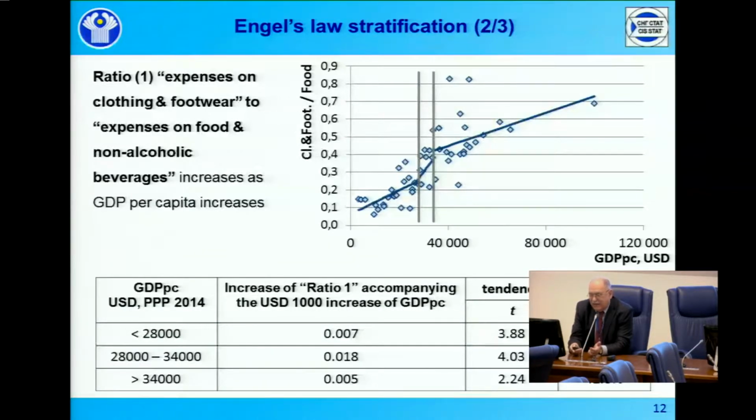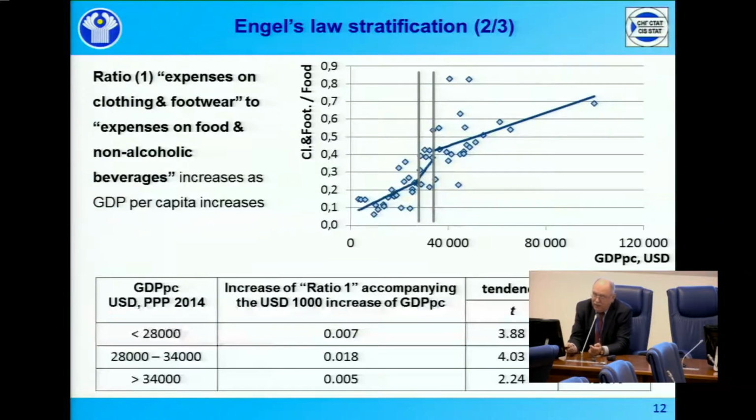Well, the results are the same, and three tendency groups can be detected. The first one, including the weakest economies, has its border at $28,000 of GDP per capita.